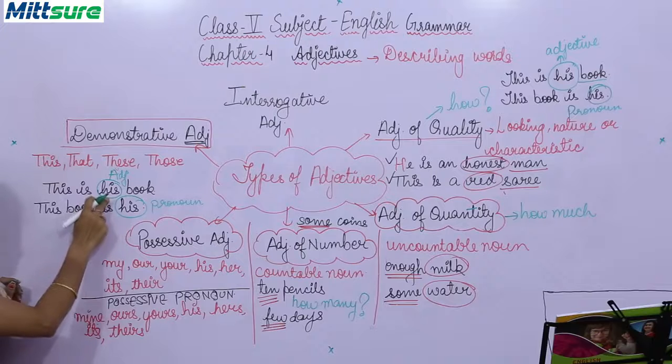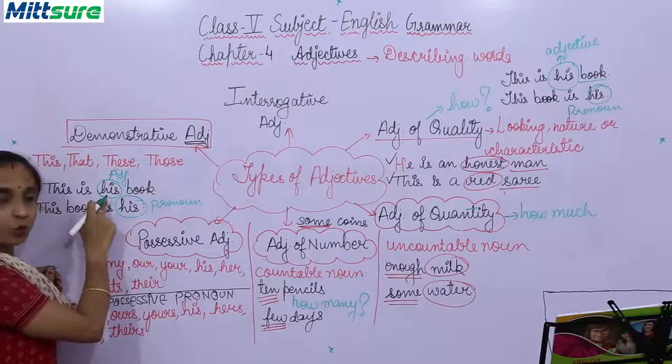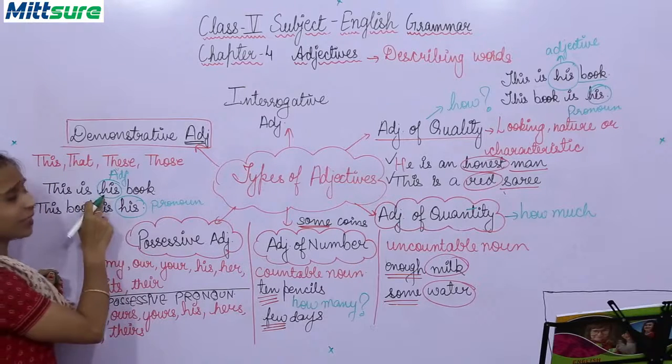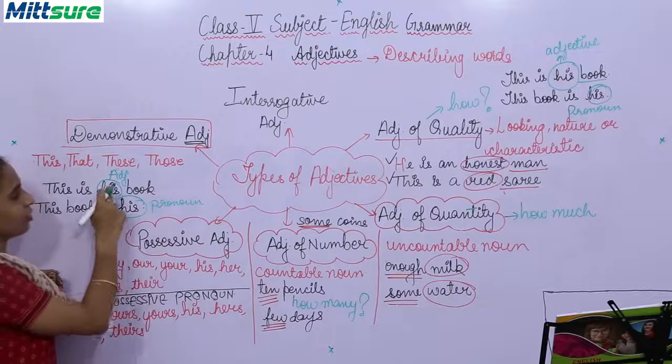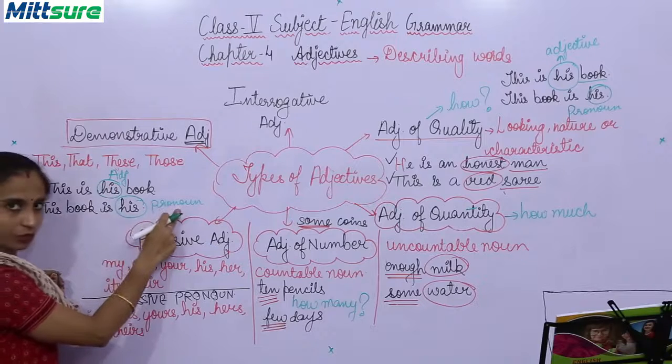His, in the first sentence, his book. Which book? His. Whose book? His. Fine. So here it is clear that book has been described by the word his. So it will be an adjective. Here his will be a pronoun.